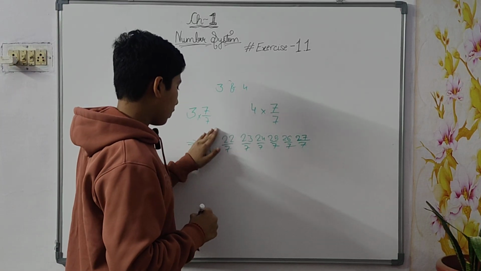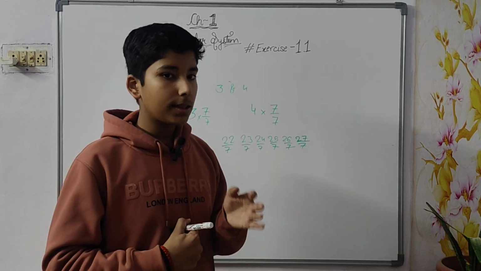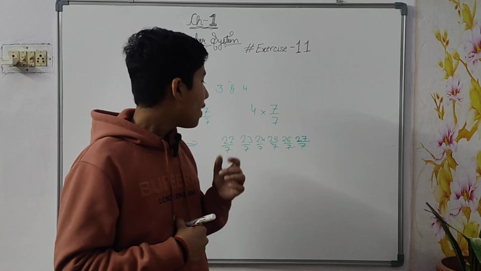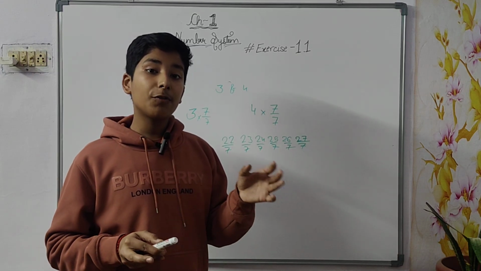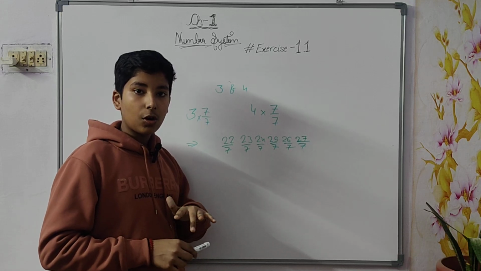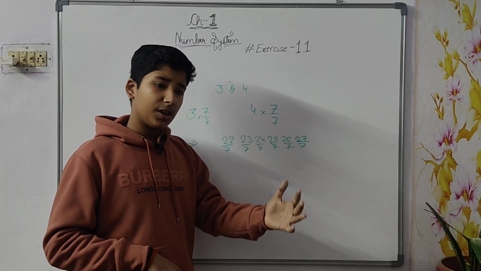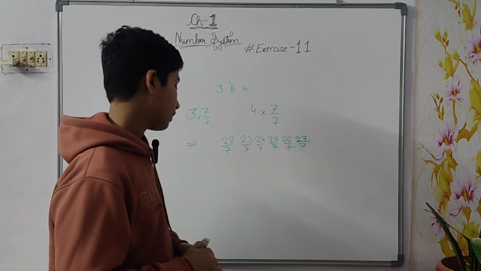Hence our answer will be this. It is not necessary that you will take only 7 upon 7. Minimum you have to take 7 by 7, meaning minimum you have to add 1 in the digit, or your answer will get wrong. You can also take 10 by 10, 20 by 20, 100 by 100, 200 by 200, and anything you can take.